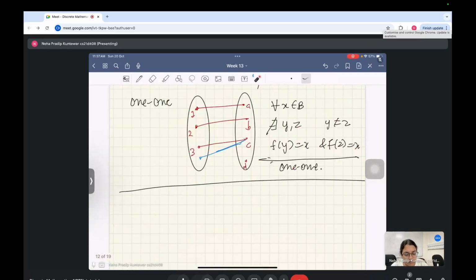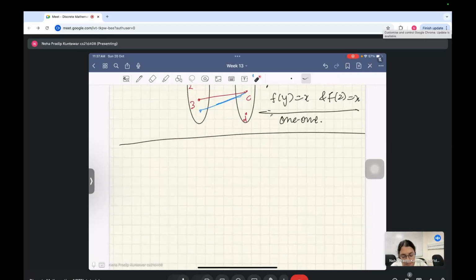So to do that, what we will do is, we will break our example into smaller chunks. So first I'll not worry about the function being onto or one-to-one or anything. I'll just count the total number of functions.